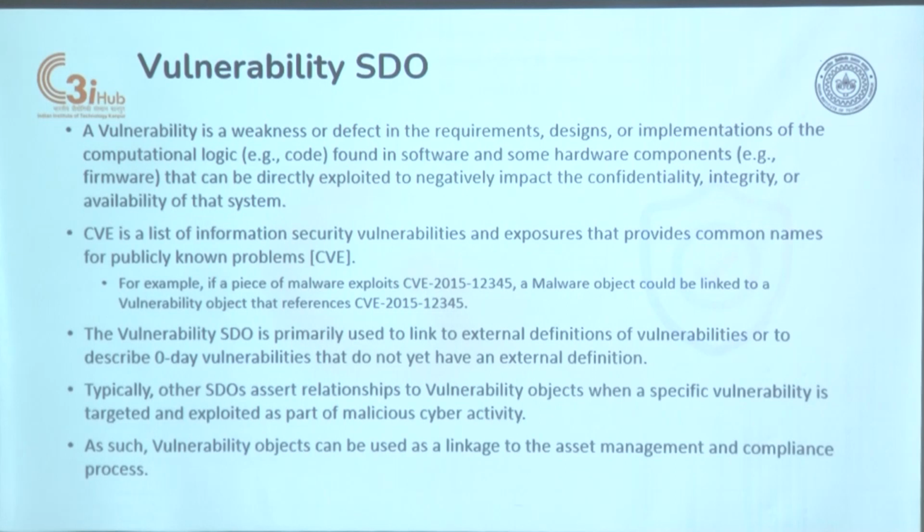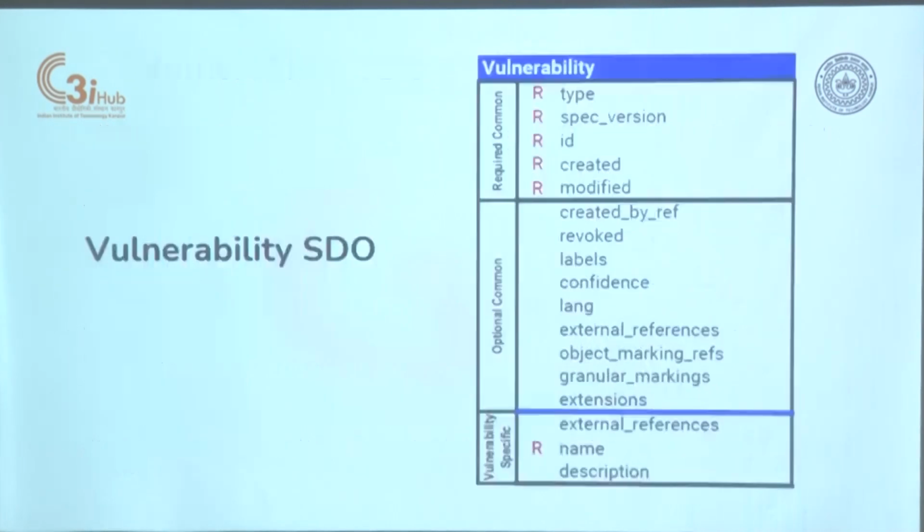It had a CVE number, I think CVE 2023 something. That vulnerability was exploited by many threat actors, so any threat intelligence produced while that was going on would reference that particular vulnerability. So, there should be a way to capture individual vulnerabilities. So, it should have external references.